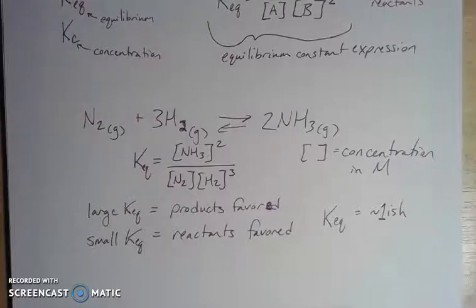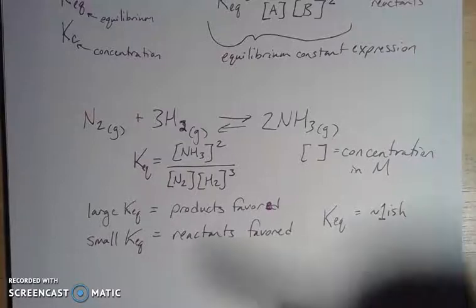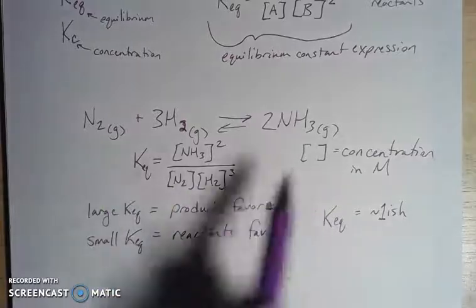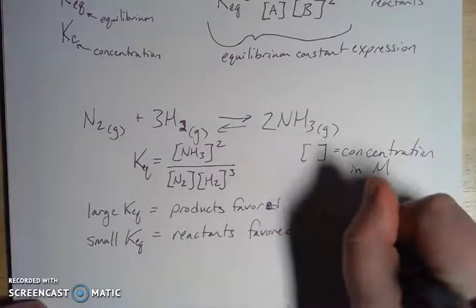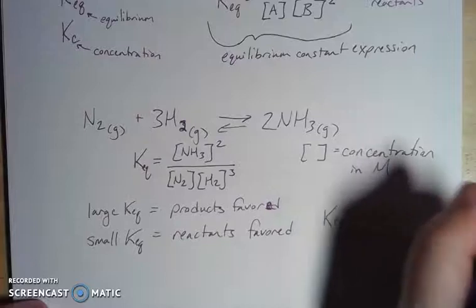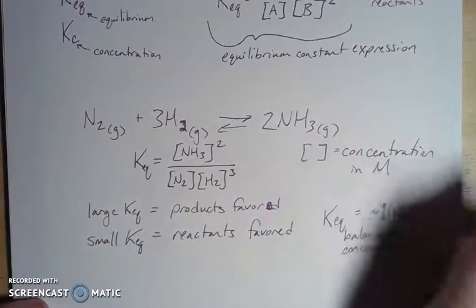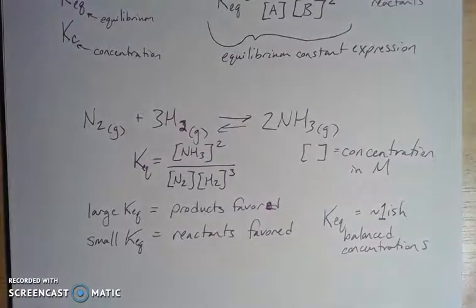But I like to think about anything that's near the 1-ish range gives you a KEQ value that says that you have a pretty balanced relationship between the concentrations of your products and your reactants. So because it's a pretty balanced one, there's no real favoring of reactants or products. I would even hesitate to say balanced-ish concentrations between the two, right? Or at least just that there isn't one clearly favored over the other.